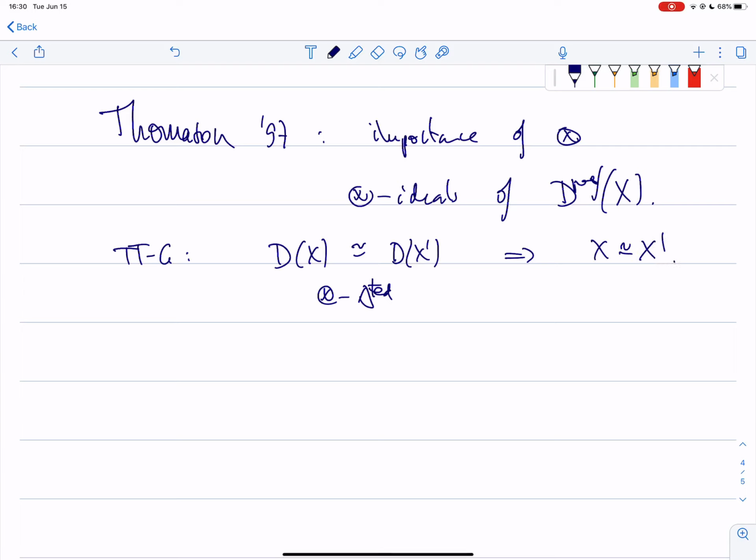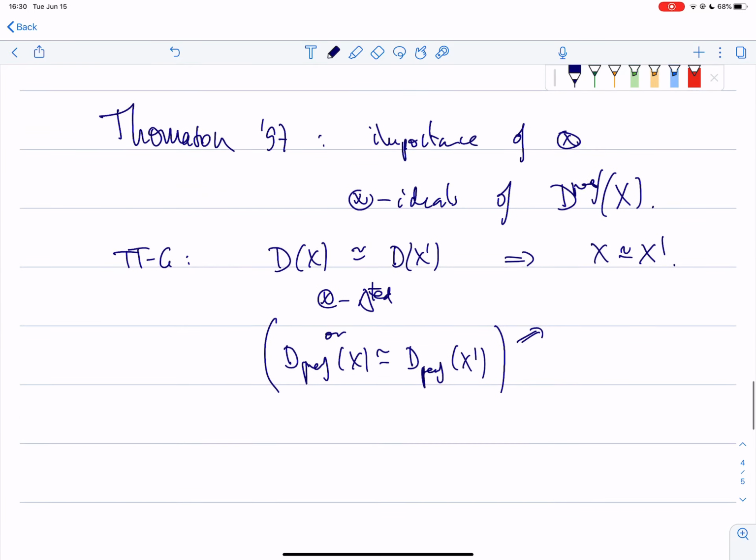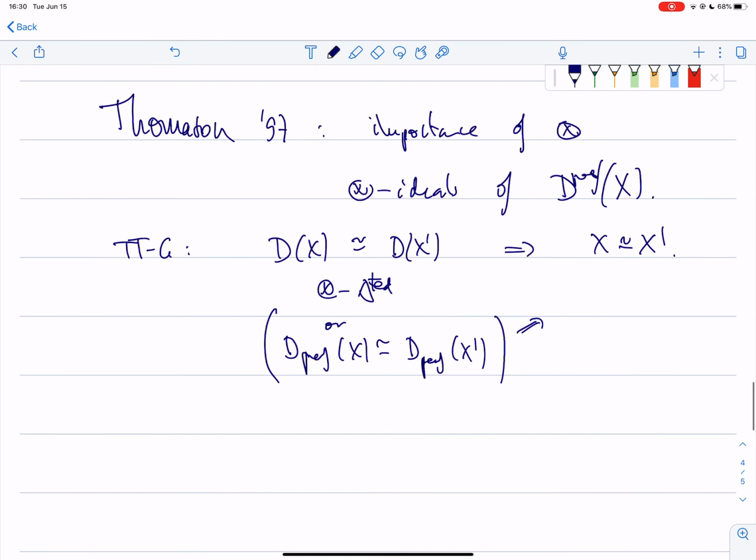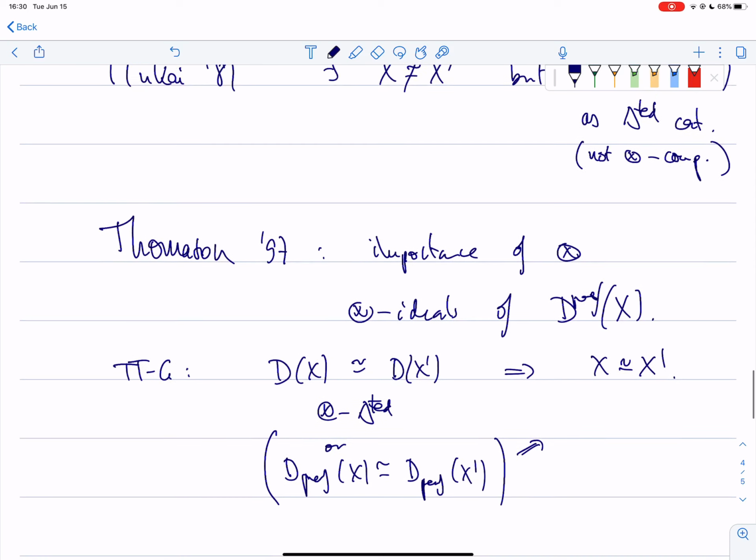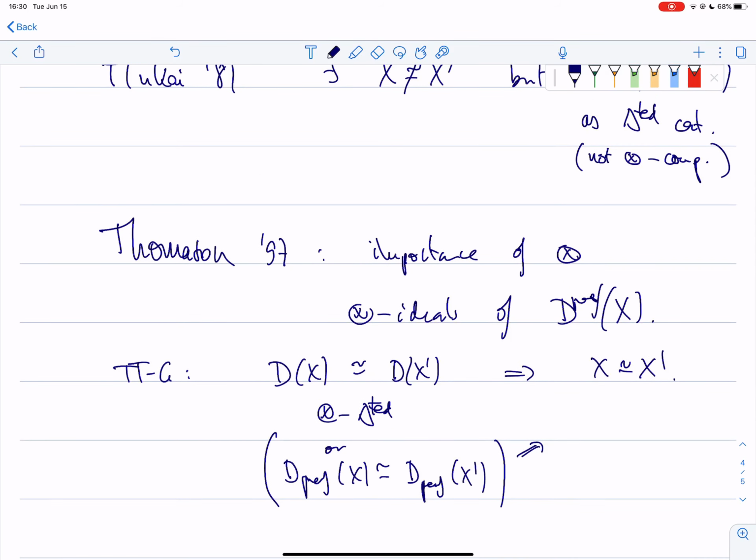And you can put perfect complexes in there, which is, I mean, it's clear that if you have the whole derived category equivalence, then you have it on perfect complexes by restricting to the compact part, but only knowing that would suffice to apply that.